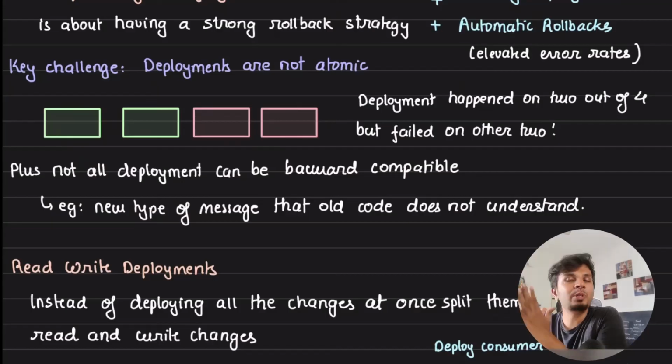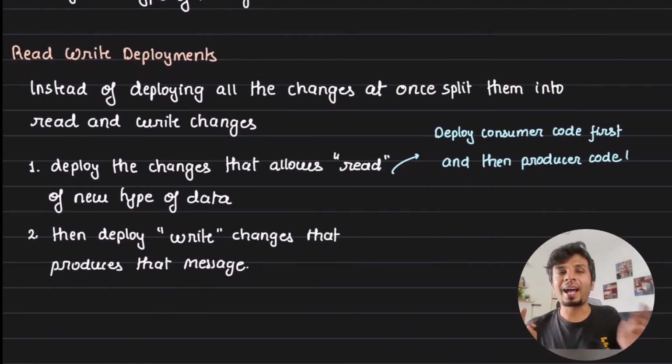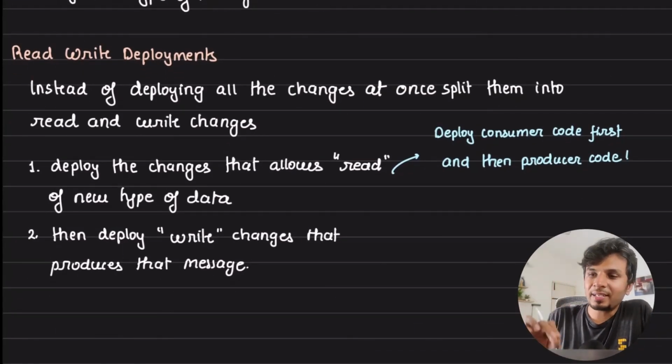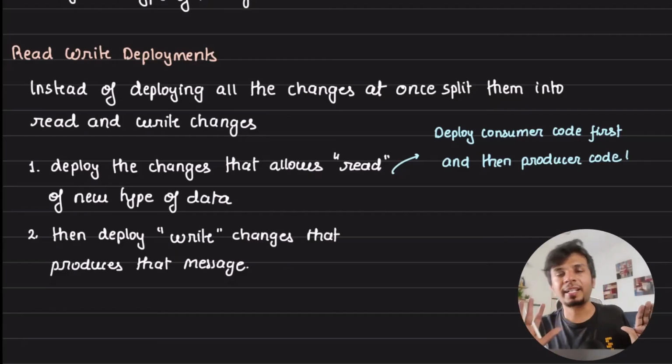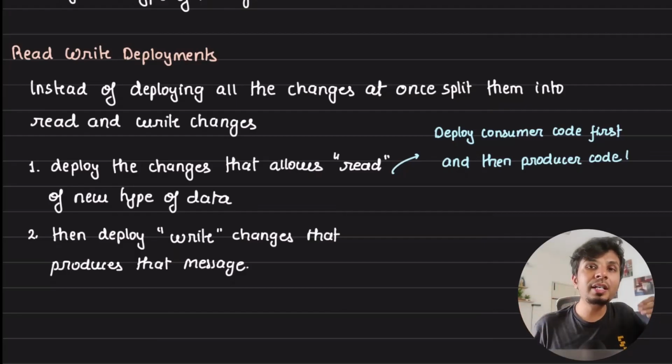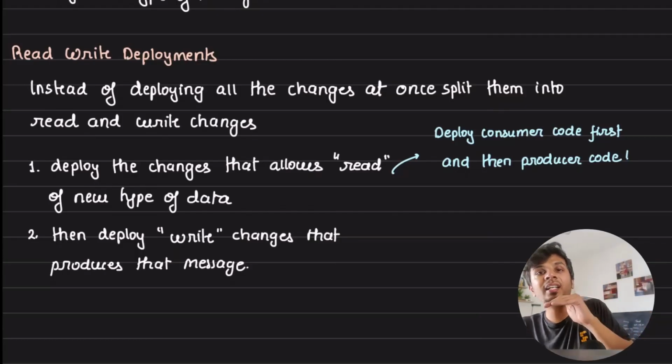The way DynamoDB handles that is really beautiful. What they call this is read-write deployment. The idea here is that instead of deploying all the changes at once, you split them into read changes and write changes. You should never deploy the write changes unless there is a reader available to read them.